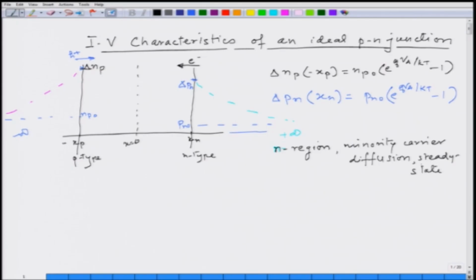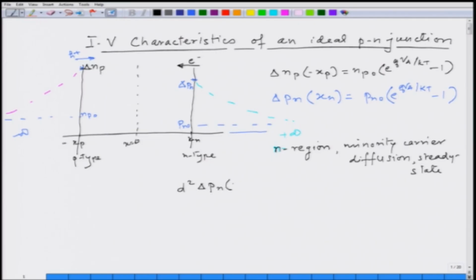If I look at the minority carrier diffusion equation that we developed in module 3, I basically need to solve in the n region an equation, and since d delta p by d t will be 0, this would reduce to the excess carrier concentration on the n side.